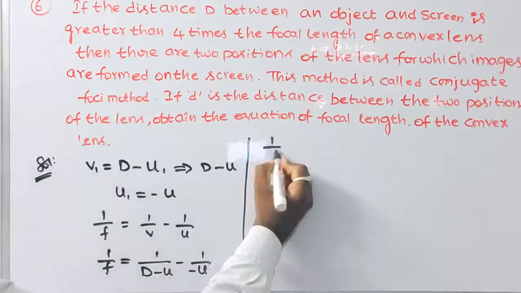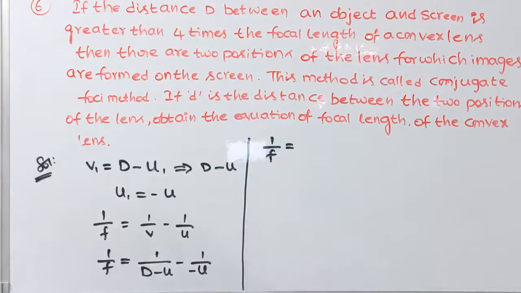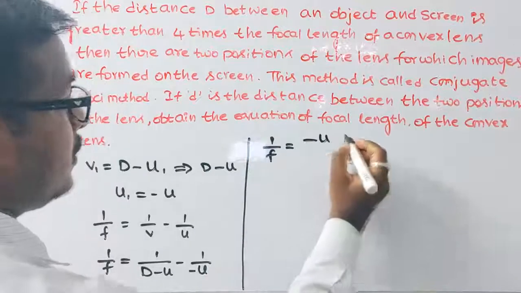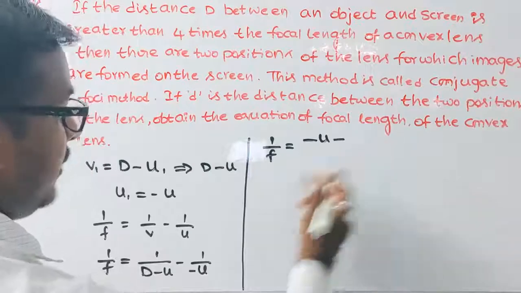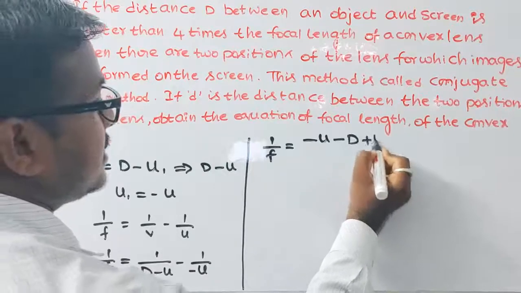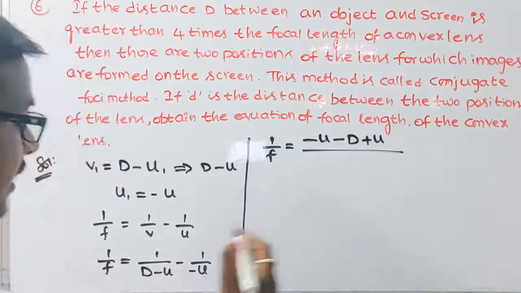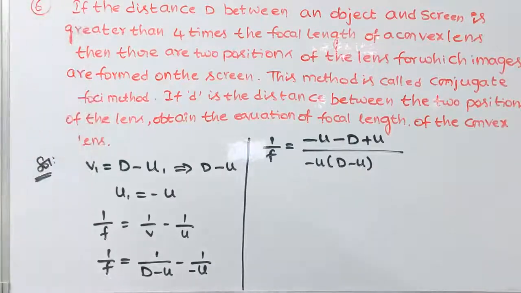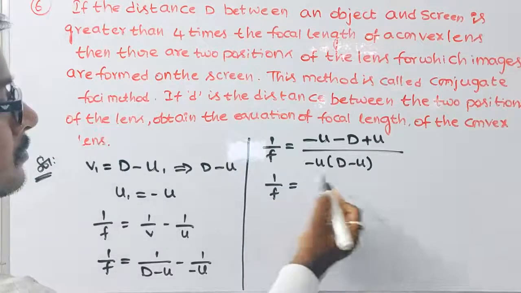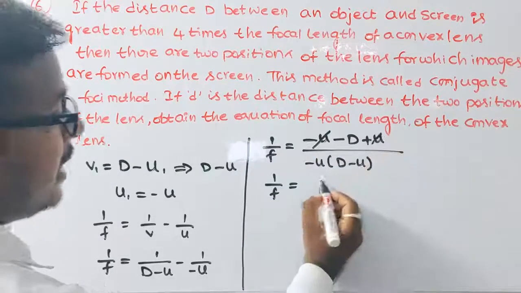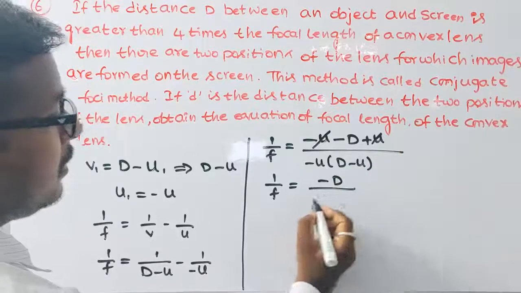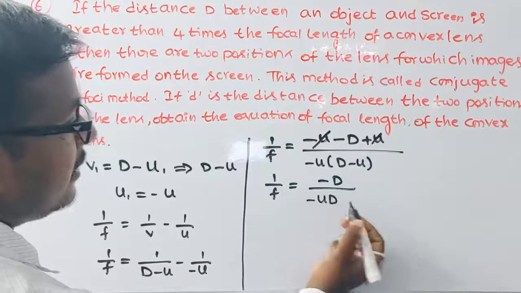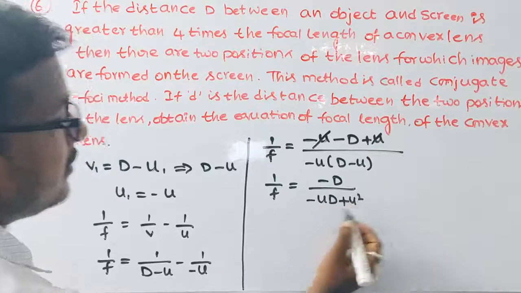Cross multiplication, take the LCM. 1/f is equal to (minus u minus (D minus u)) divided by (minus u into (D minus u)). So 1/f is equal to, minus u plus u cancel, remaining minus D, by minus uD plus u square.